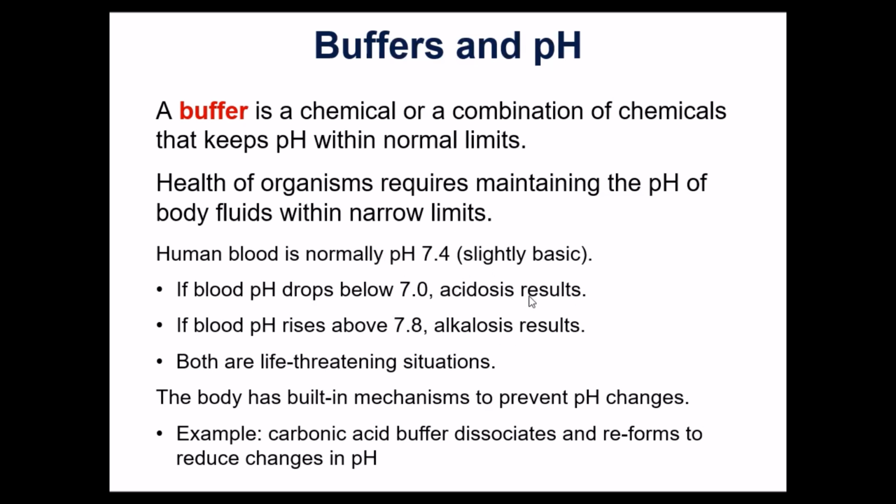Acidosis, if it becomes more acidic. Alkalosis, if it becomes more basic. And so these are very serious. Your body, and living organisms, have buffers that help prevent big changes in your pH. One of the main buffers in living organisms is something called carbonic acid, and it helps to maintain that relatively normal, slightly basic pH of 7.4 in the blood.